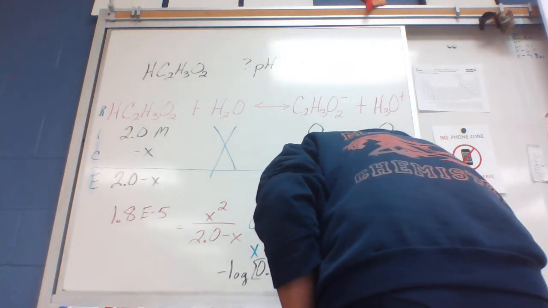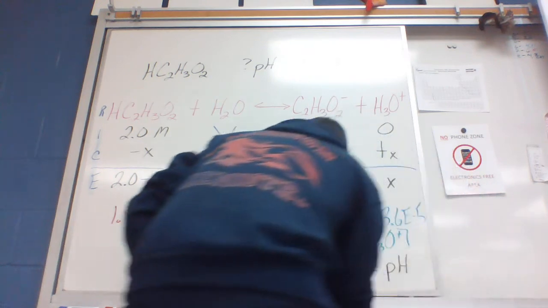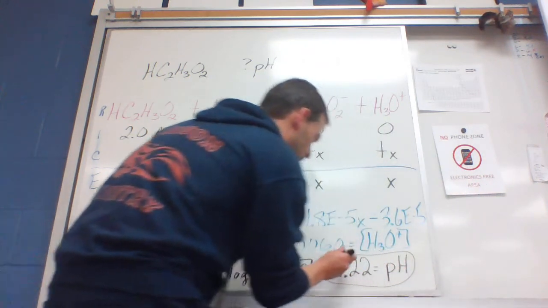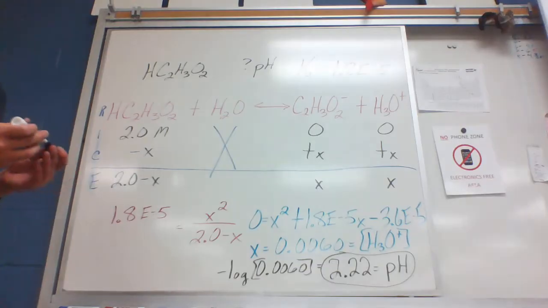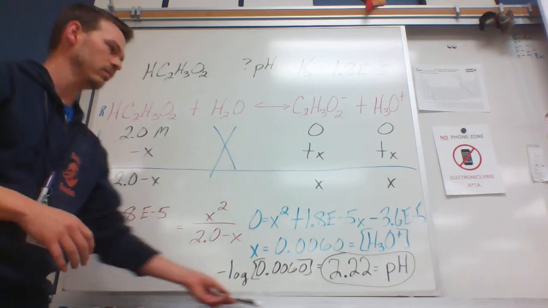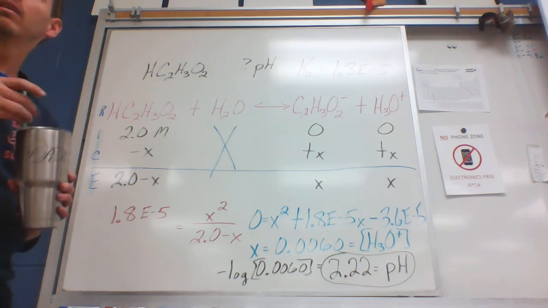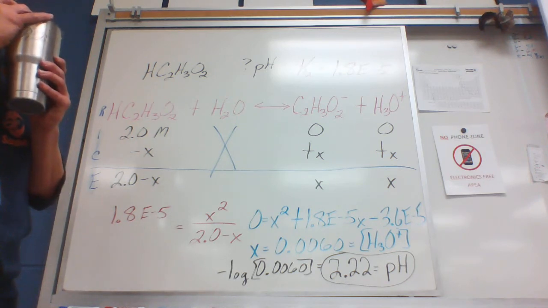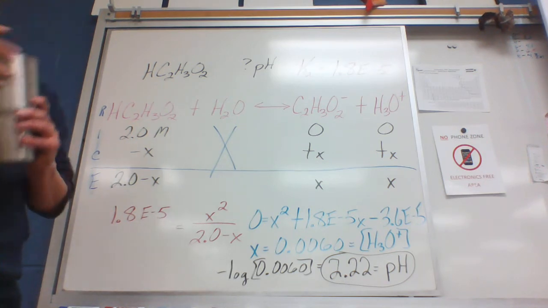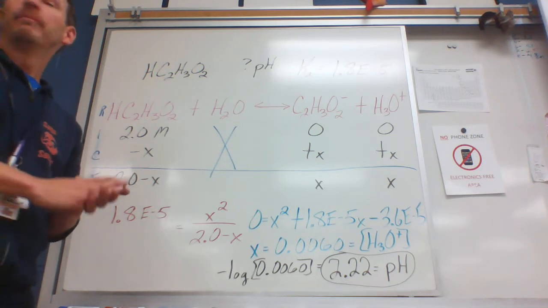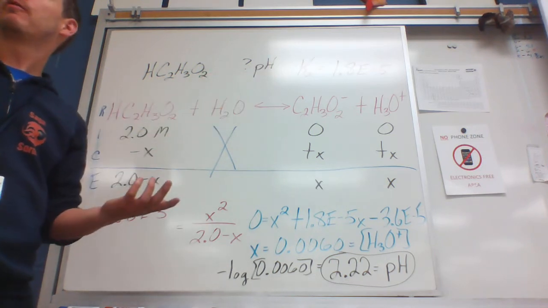Wait, isn't this the same thing we just did in our last unit? Yeah, this is step A. So they just split it in half. I'm pulling these questions from AP exams.